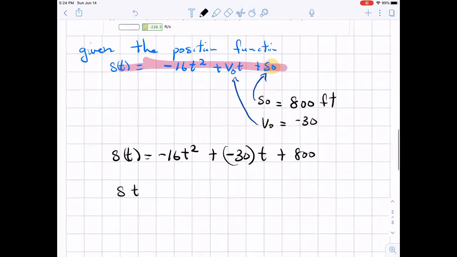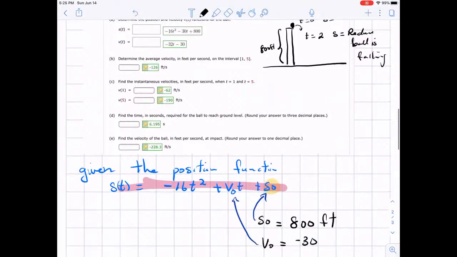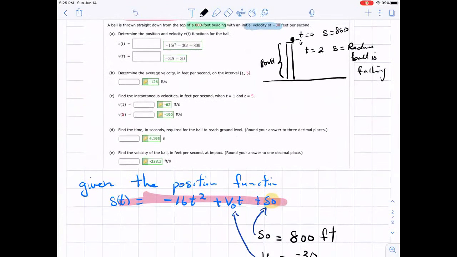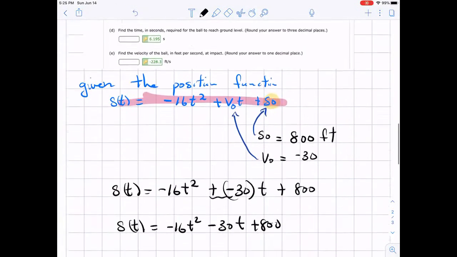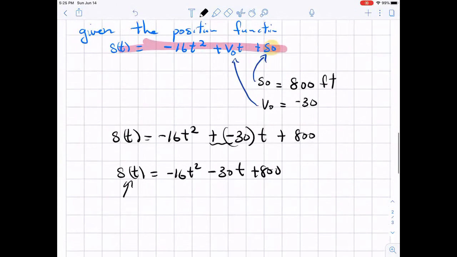So s of t is equal to minus 16t squared, these two become negative 30t plus 800. And that would be the position function. s of t is the position function.